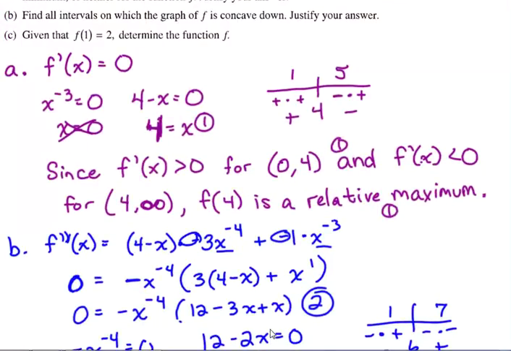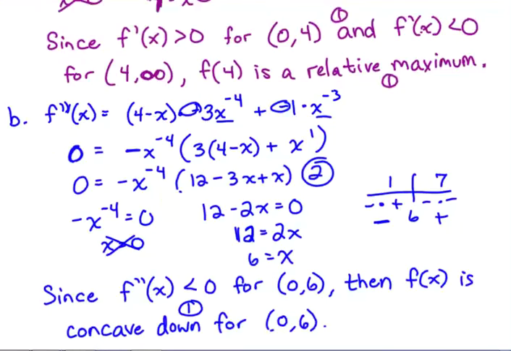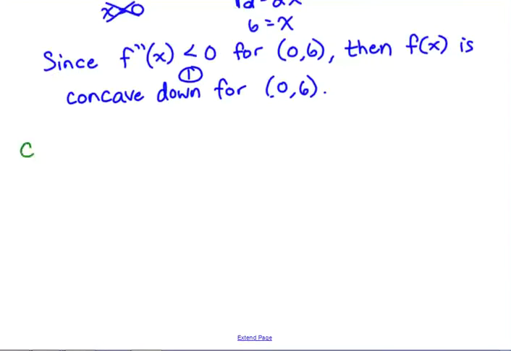All right, last part. Given that f of 1 equals 2, determine the function f. So we want to know f. We're given a derivative, so we need to anti-differentiate. There are a couple of different ways to do this, but let's do it similar to the other problem.